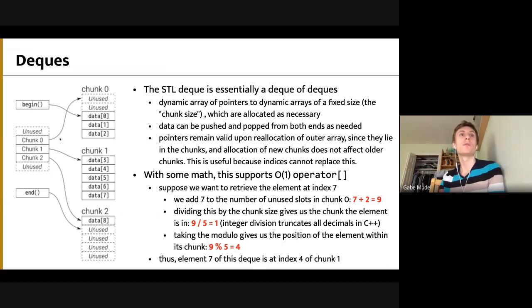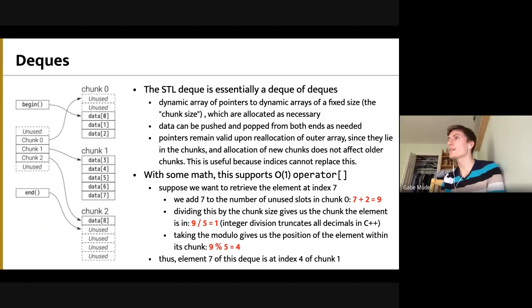We have a bunch of chunks, and we have an array of pointers to the beginning of each chunk, and we have pointers to the beginning and end of our actual deque structure. Each chunk has a certain fixed number of data. By default, C++ makes it either 16 elements or 4096 bytes, which is a lot.